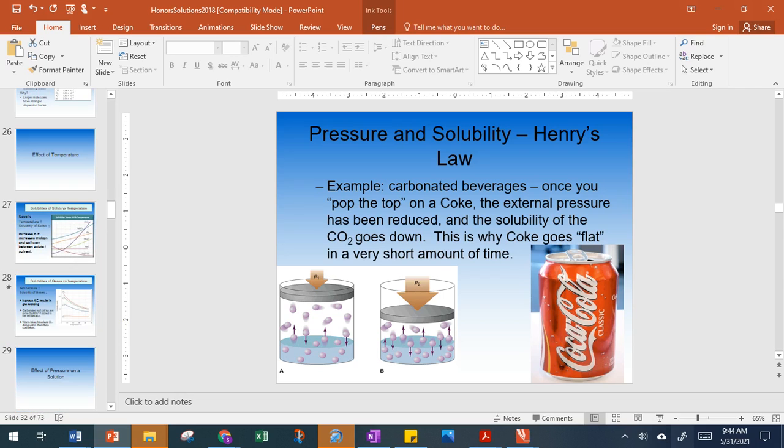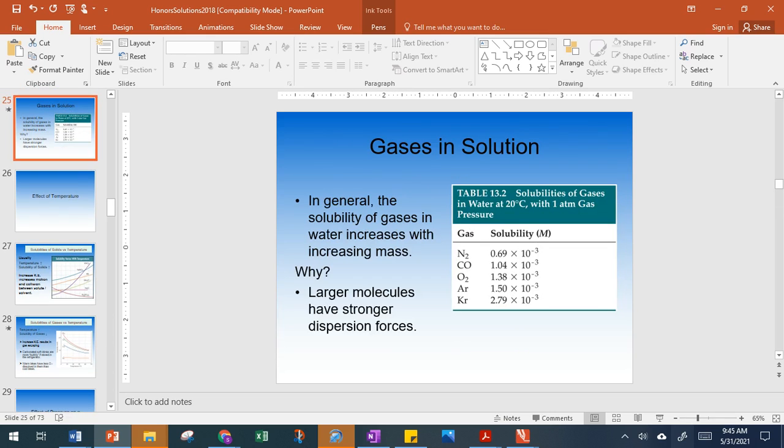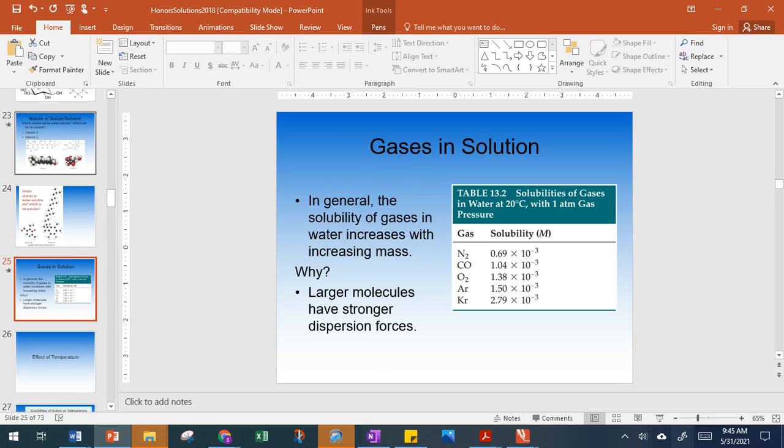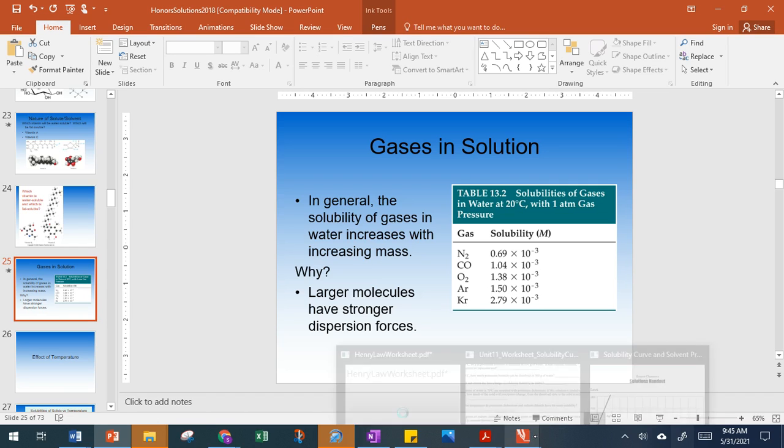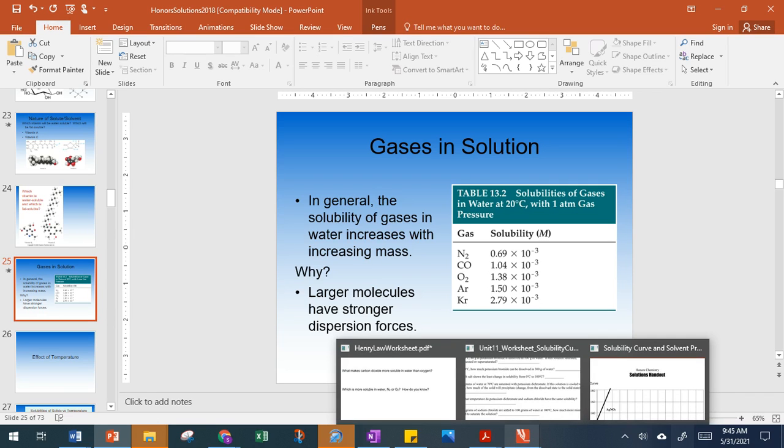If you go back, you will remember that we talked about how mass affects gases in solution. Also, you would have to think about water and whether something is polar or nonpolar to figure out which would be more soluble. That information is going to help you with those questions.